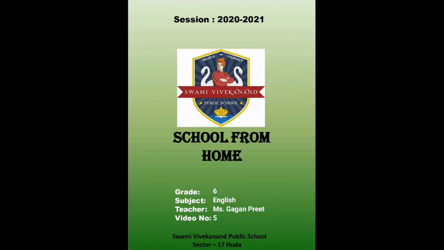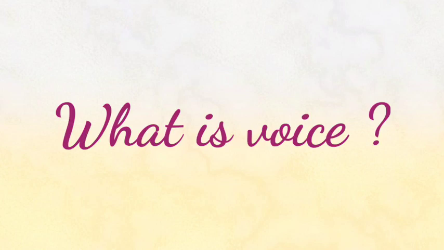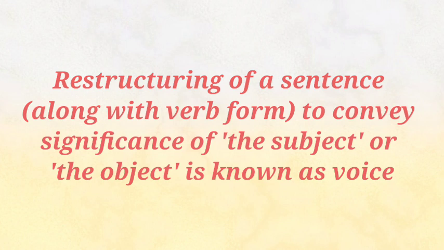I'm your English teacher Gagan Preet, and today we are going to begin with a very interesting chapter of English grammar, that is voice. So students, first, what is voice? Restructuring of a sentence along with verb form to convey significance of subject or the object is known as voice.